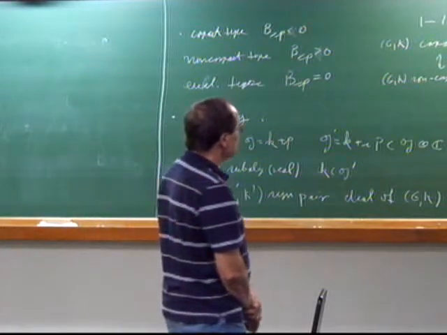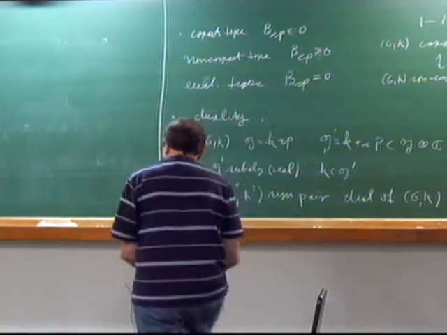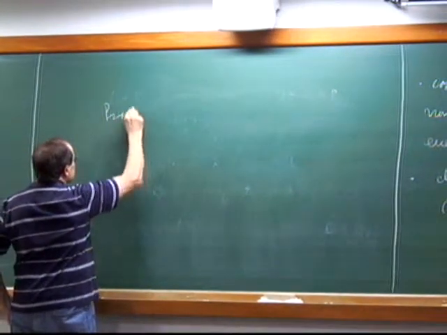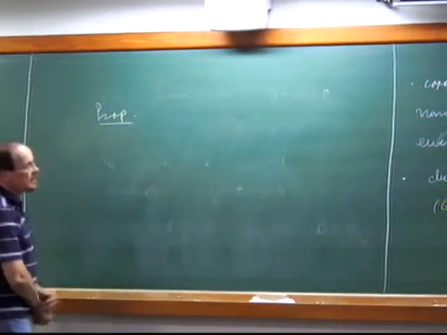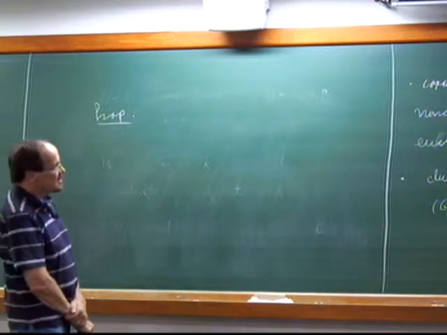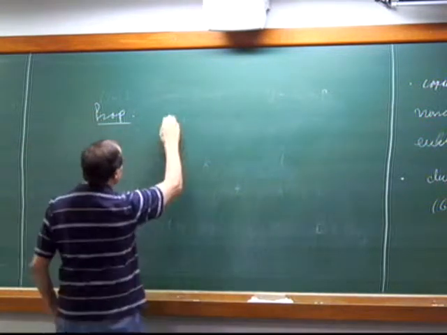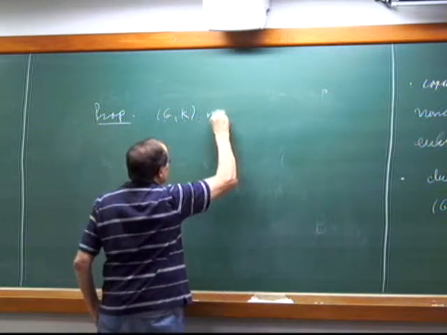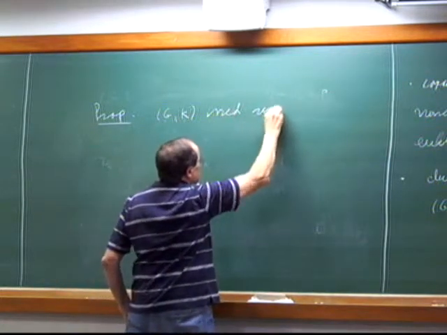One more result, before I do an example of how one can easily classify symmetric spaces. That's kind of interesting. Take a symmetric pair G, K, and assume it's irreducible.